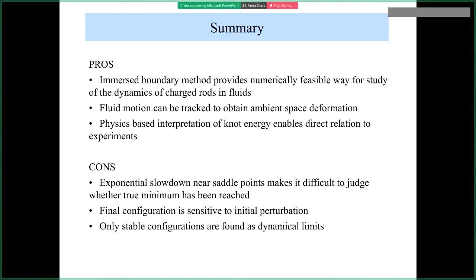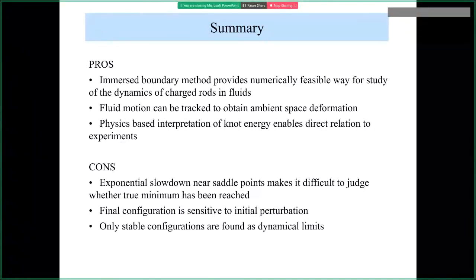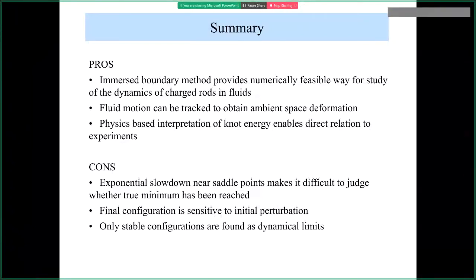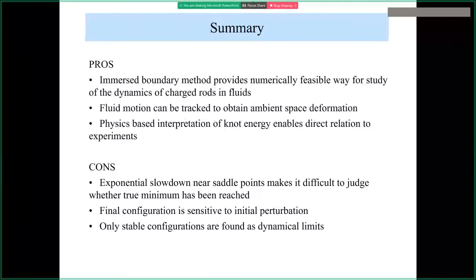The benefit, perhaps, over a gradient flow would be that you can track the fluid motion and therefore obtain a deformation of the ambient space, the embedding space for the knot. And there we have some physics-based interpretation of what the energies mean and what the transition steps are, and some physical meaning for the slowdowns.